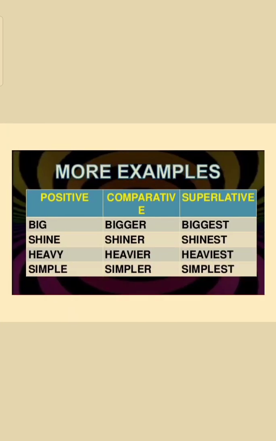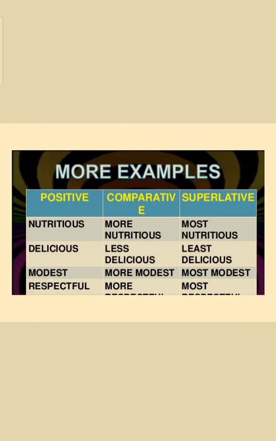Next, big, bigger, biggest, fine, finer, finest, heavy, heavier, heaviest, simple, simpler, simplest. Okay, next. Nutritious, more nutritious, most nutritious, delicious, less delicious, least delicious, modest, more modest, most modest, respectful, more respectful, most respectful.